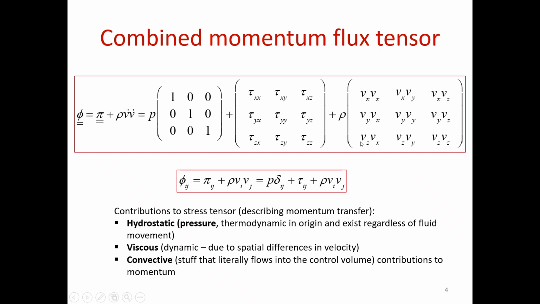Okay, so basically I have here rho Vx, Vy, Vz. This rho V is my momentum, and what flows in through the X plane is that momentum times Vx. That's what's in this column here.